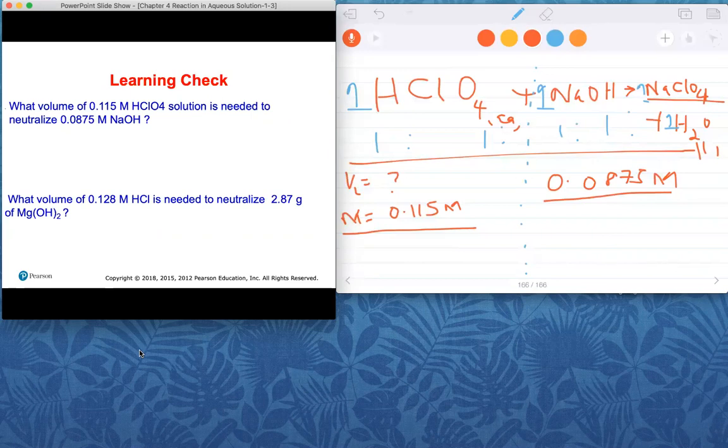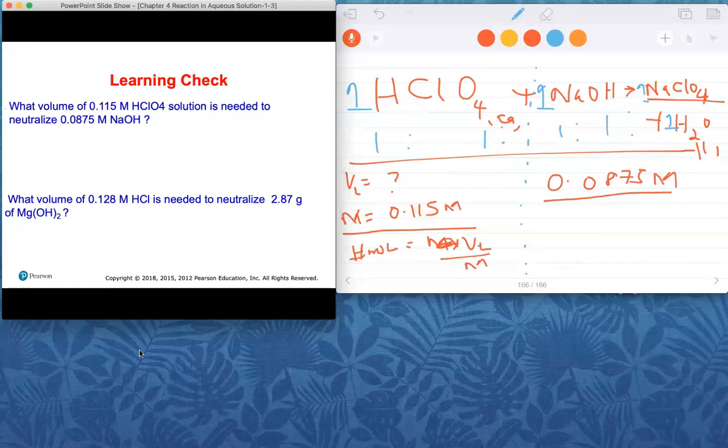So our number of moles is given by what? Volume in liters over molarity?